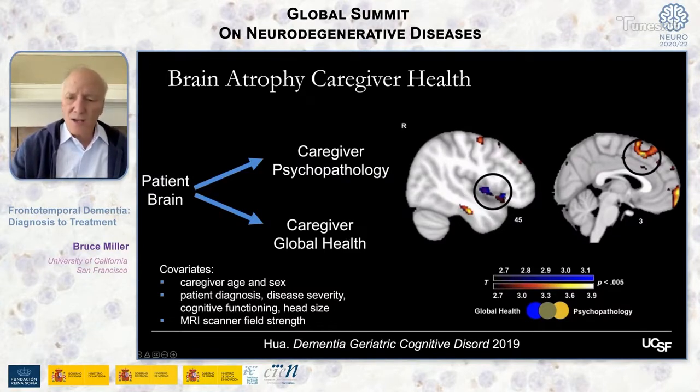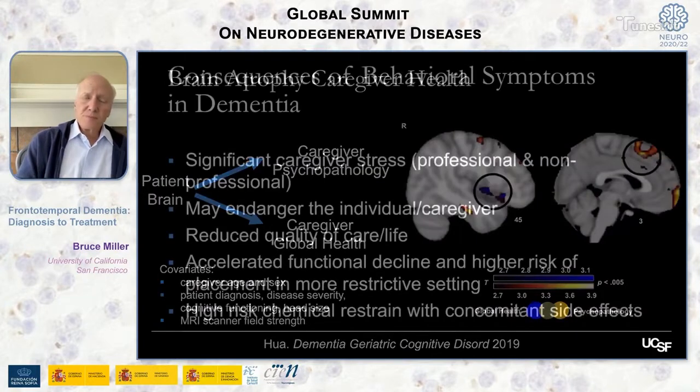So what they found, and this shows this dramatically, is that if the patient has frontotemporal dementia, you see much more severe caregiver psychopathology, caregiver global health. And I also believe in some cases, this accelerates the death of caregivers. So incredibly savage disease as it affects the family and caregivers.